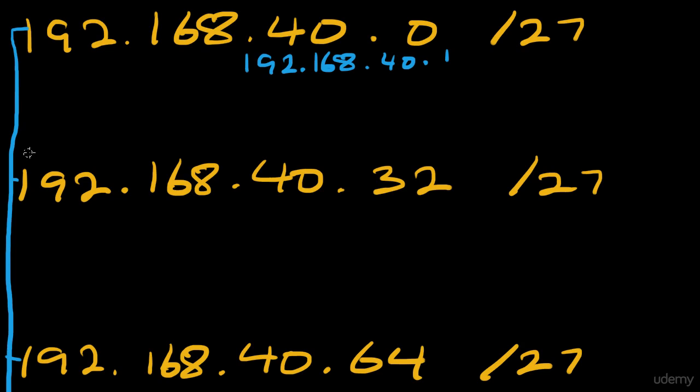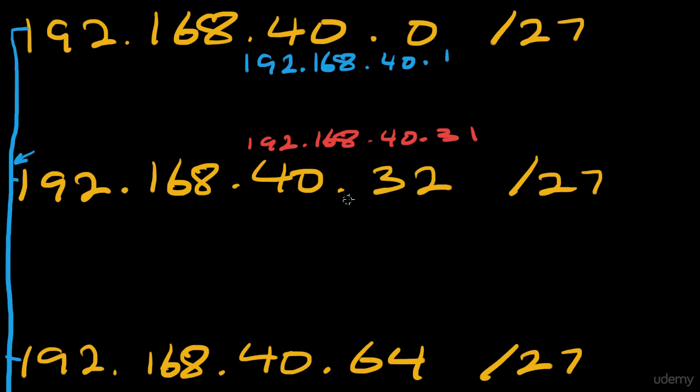The IP right before this one is the directed broadcast IP for the 40.0 network. That IP would therefore be 192.168.40.31. Now, because we subnetted and divided network ID and host ID in the fourth octet, all of the action is happening in the fourth octet.